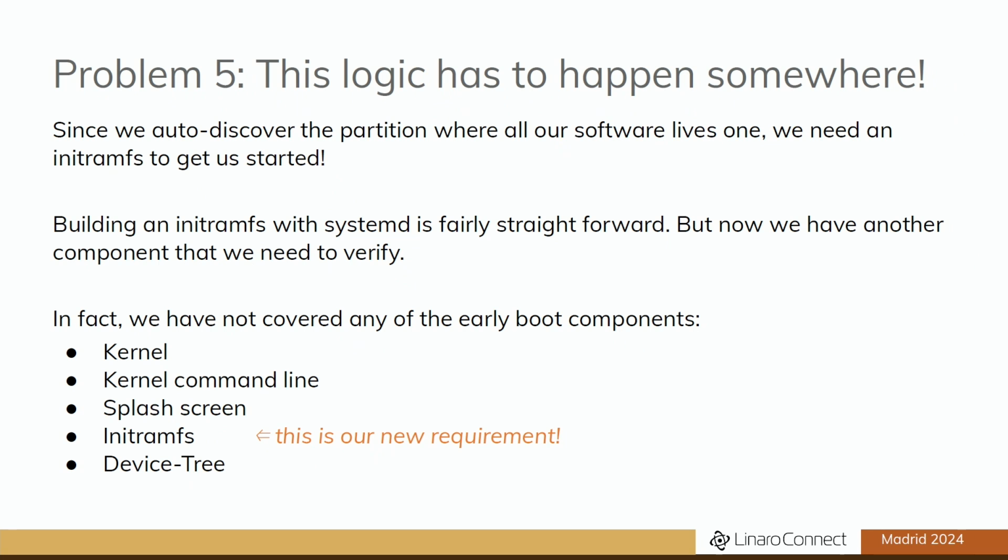It's not particularly hard. systemd has support for this, so we just add systemd to our initramfs. We actually don't need much else, and they're currently working on trimming it down even further, but it shouldn't be too large. And yeah, we get the logic, but we need to guard our initramfs, of course, now, because that's the step that does all our security-sensitive stuff here. But it's not the only thing.